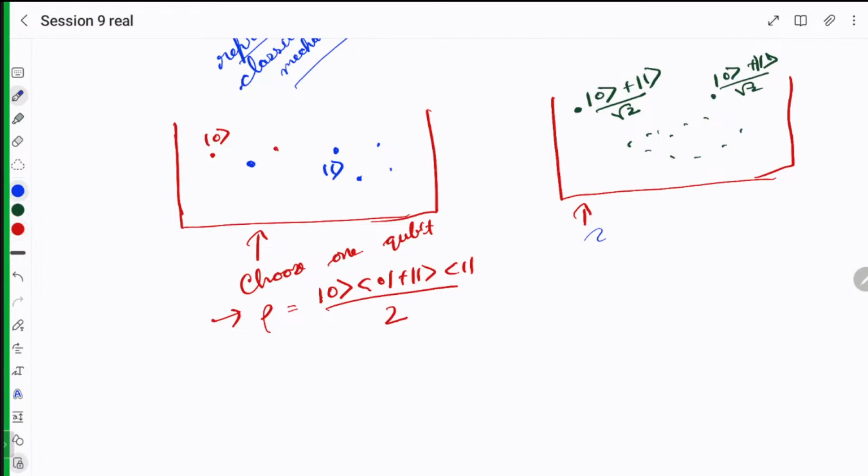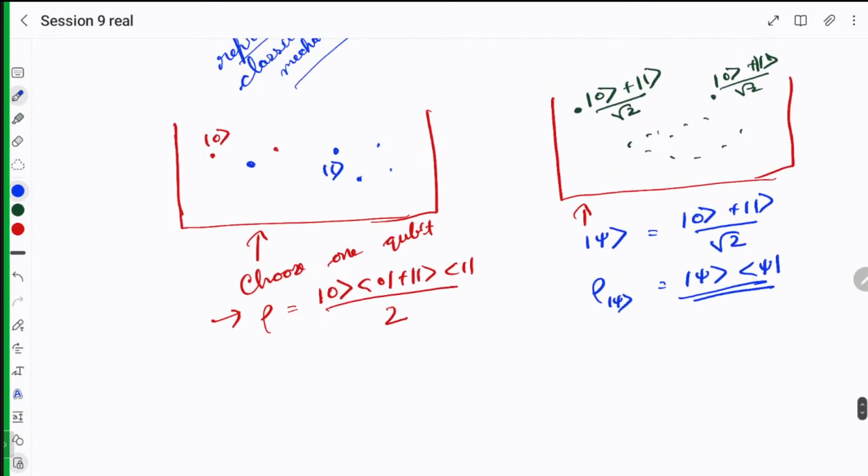So if I have to write the state here, I would just write 0 plus 1 by root 2. Or if I have to write it in density matrix form, I would just find the density matrix corresponding to psi. So is this difference between the mixed state of 0 and 1 and the quantum superposition of 0 and 1 clear?